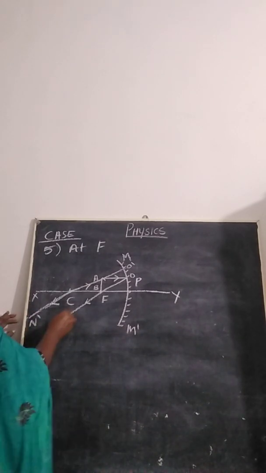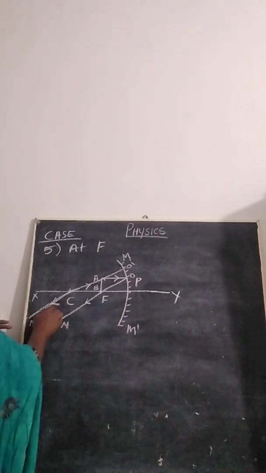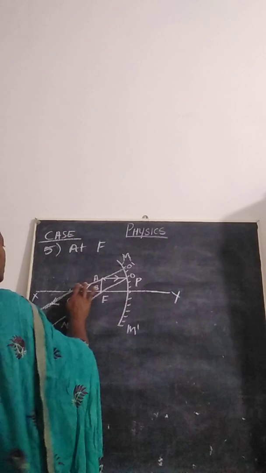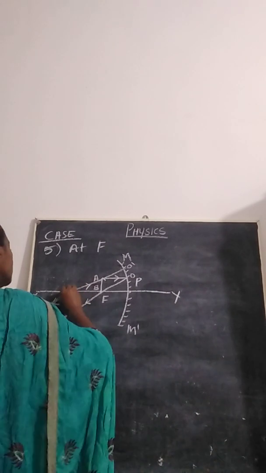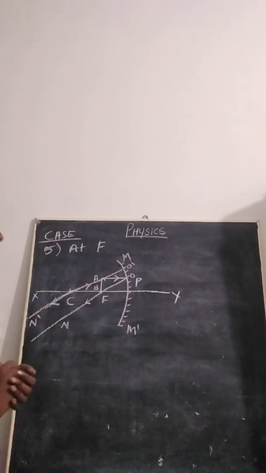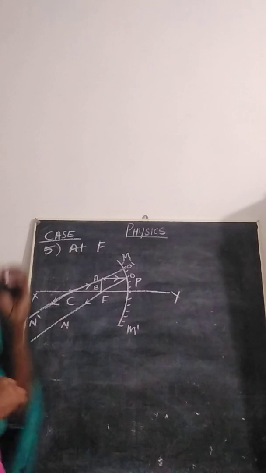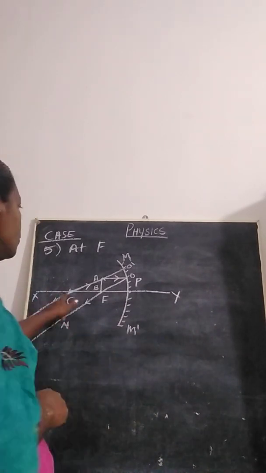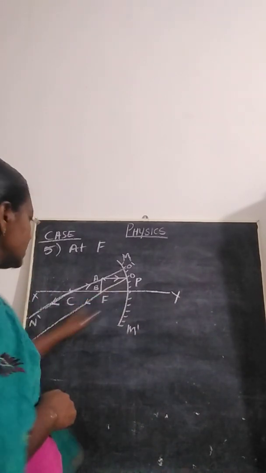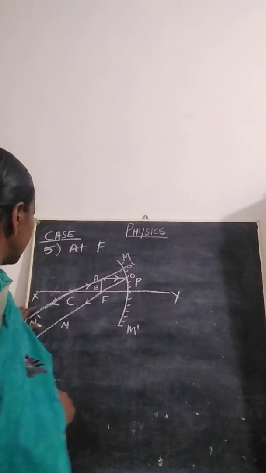These two rays are parallel in nature. They are not going to converge, or coincide, or intersect at a point. This is the first reflected ray, this is the second reflected ray.